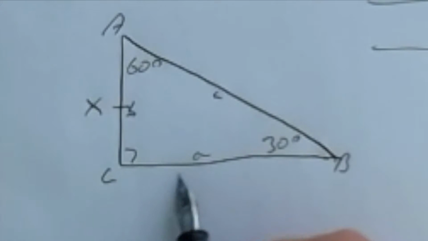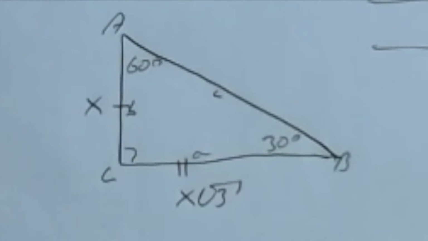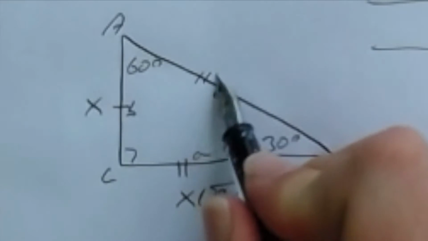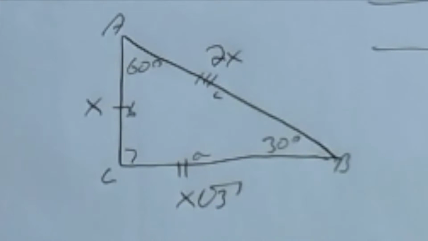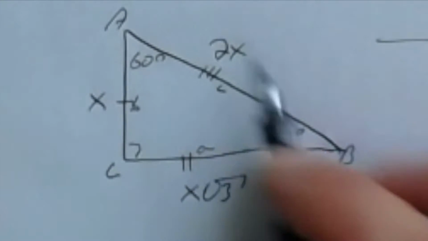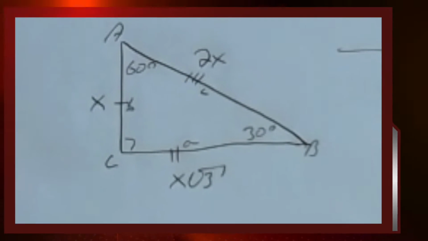The 60 degree side, side A here, its side length is going to be x square root of 3, and the hypotenuse length is going to be 2 times x. Now these are very common triangles for us to have to be able to use in these ratios, and getting used to being able to use between them will be incredibly useful later on.